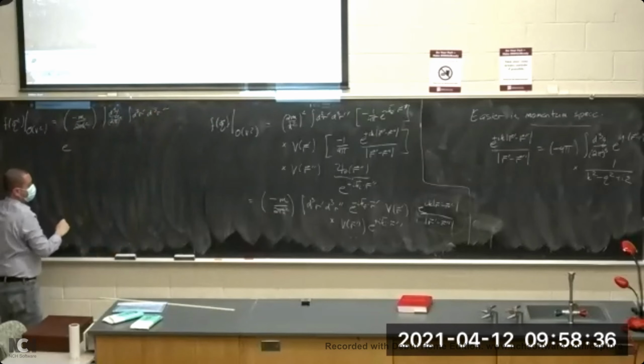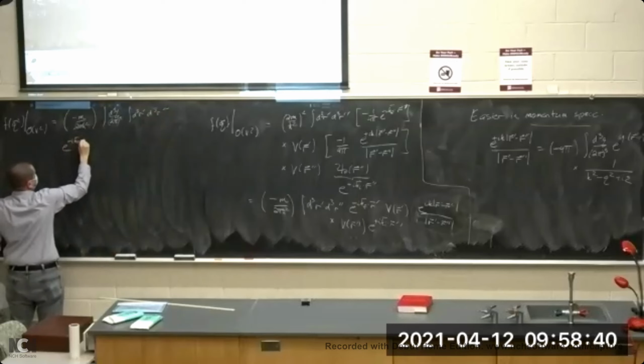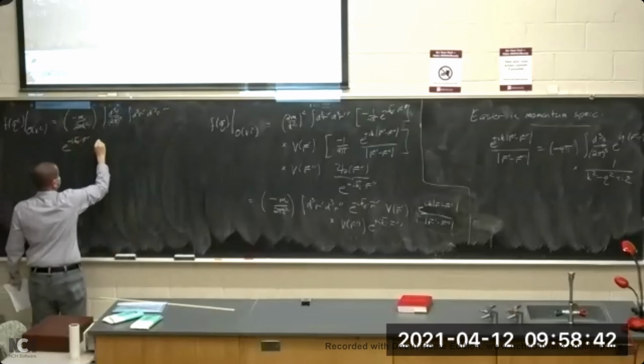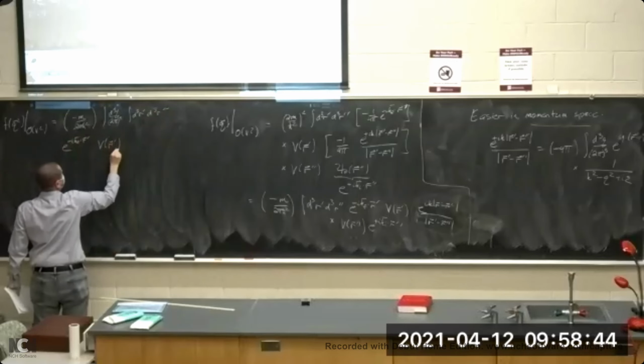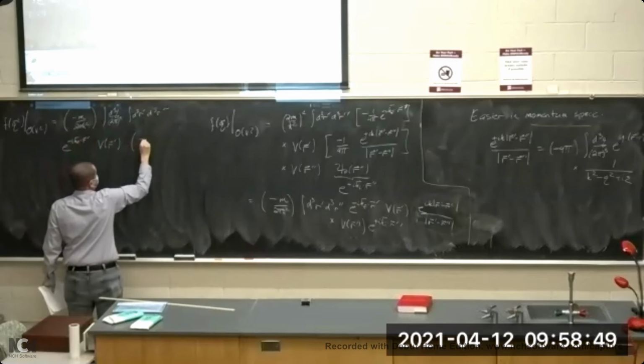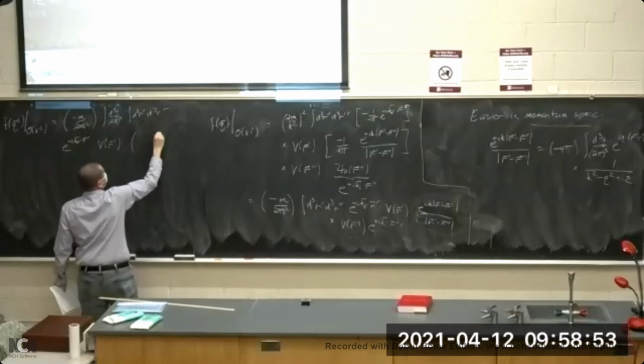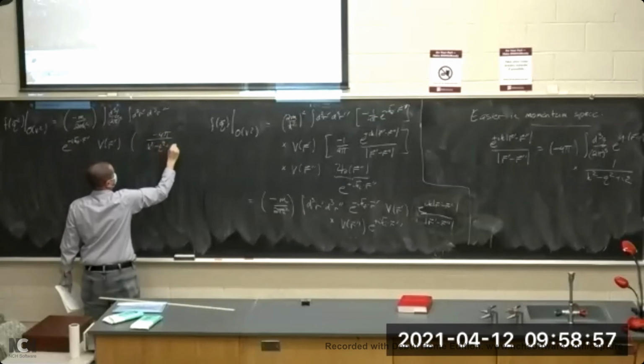I have e to the minus i k_f dot r', potential at r'. In between, from the propagator, I had negative 4 pi so that I don't forget it. And then in the denominator, I have k squared minus q squared plus i epsilon.